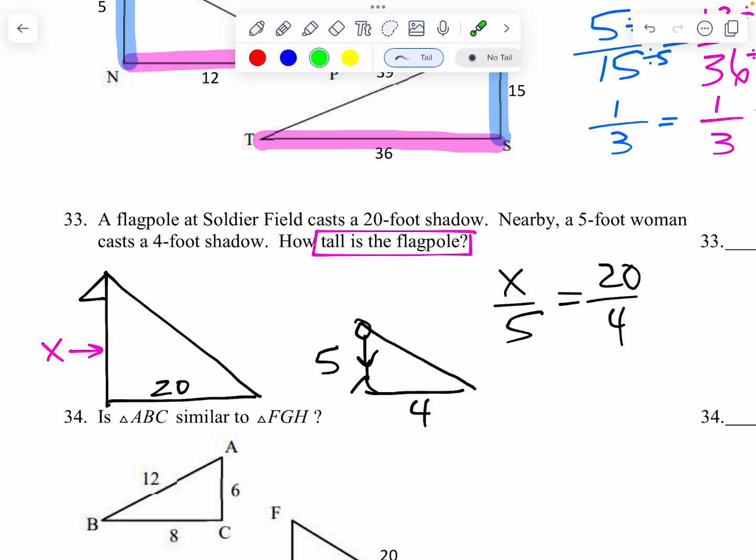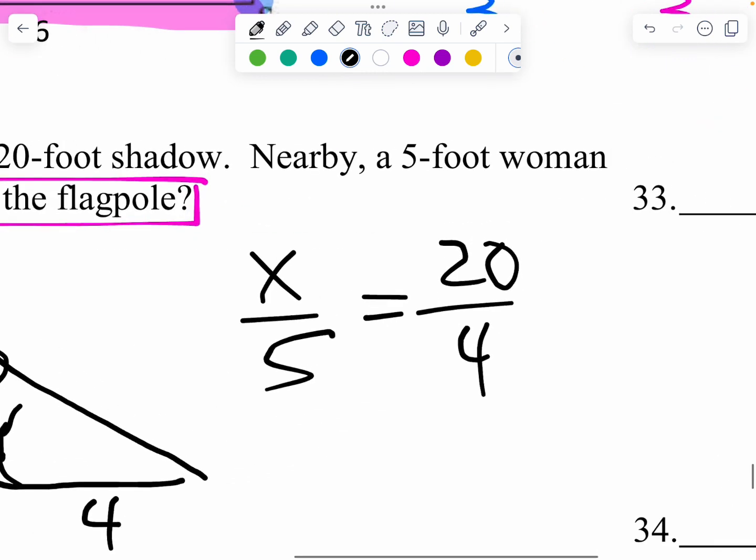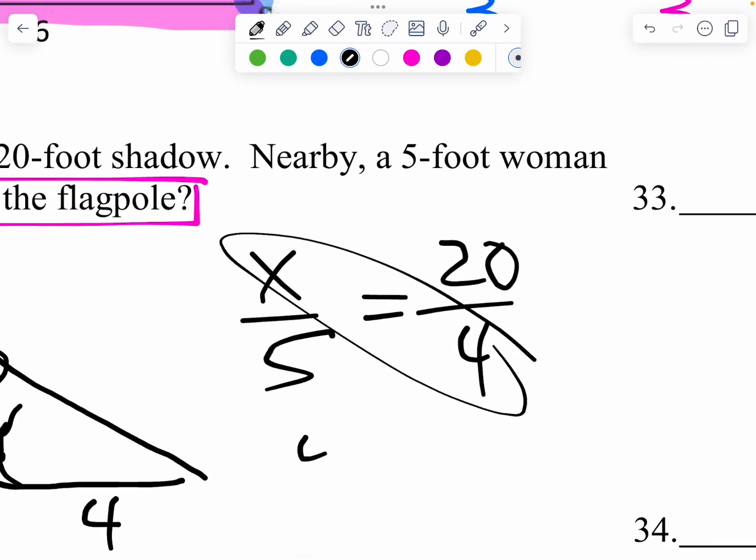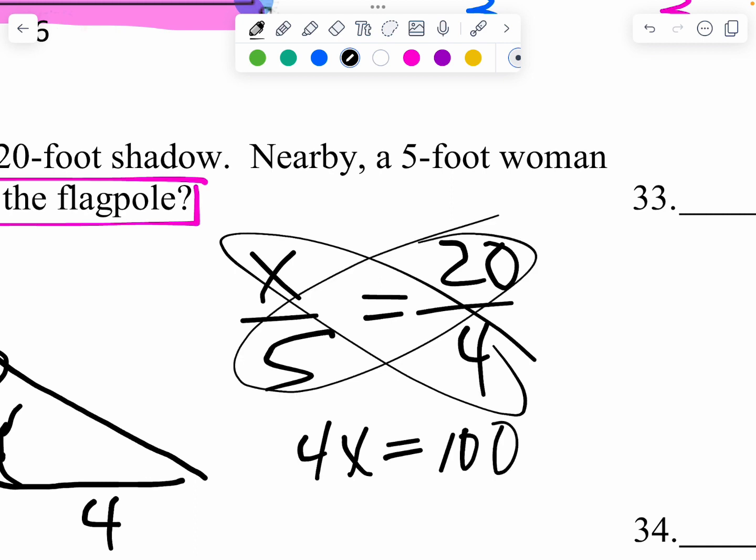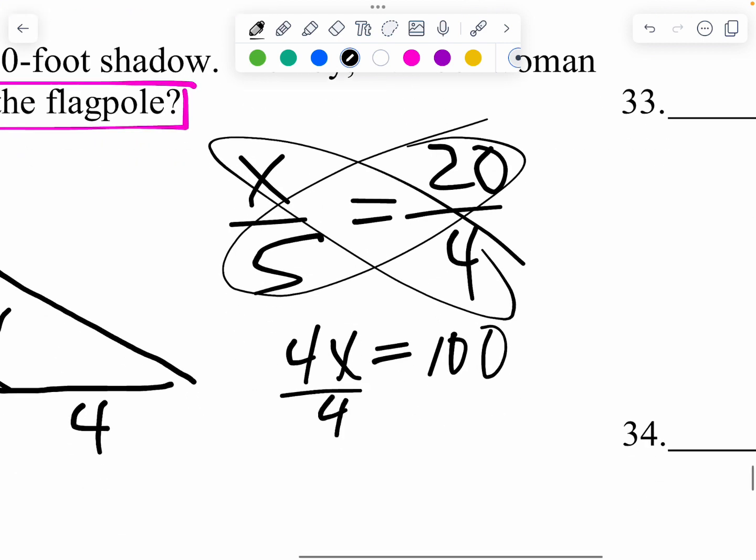So right now on the top, I have all of my numbers for the flag, and on the bottom, I have all of my numbers for the woman, okay? And once again, what we're going to do is cross multiply. When you cross that way, you get 4x, and when you cross this way, you get 100. I'm going to divide both sides by 4 and get x equals 25.